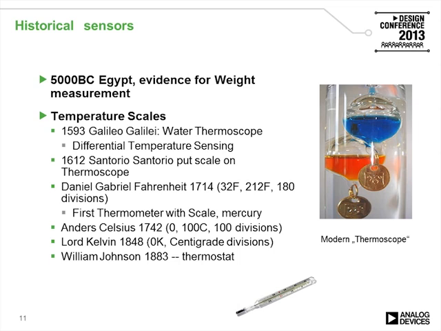But we can see here that if you want to get your name on something, what you want to do is to put a scale on it, as Fahrenheit and Celsius, and of course Lord Kelvin invented absolute zero. But the first usable sensor that gave us control was a thermostat, which was invented by William Johnson in 1883.